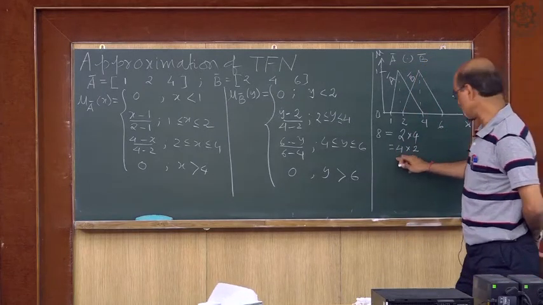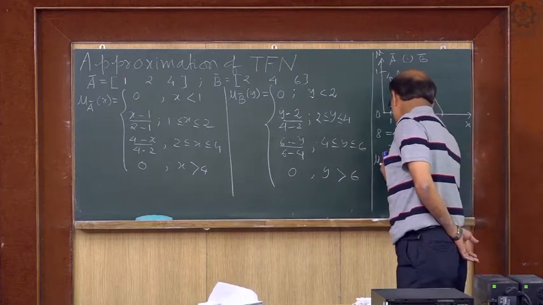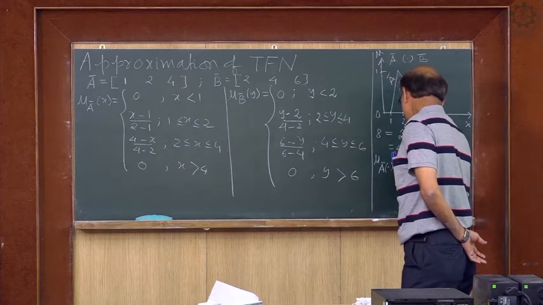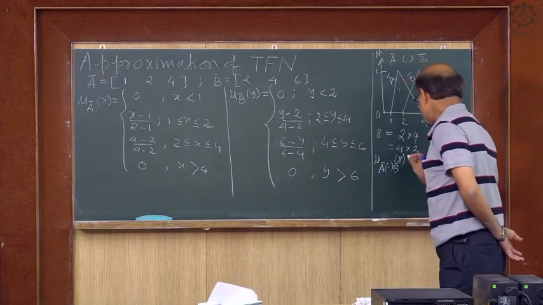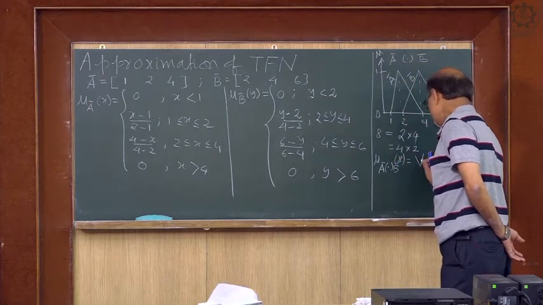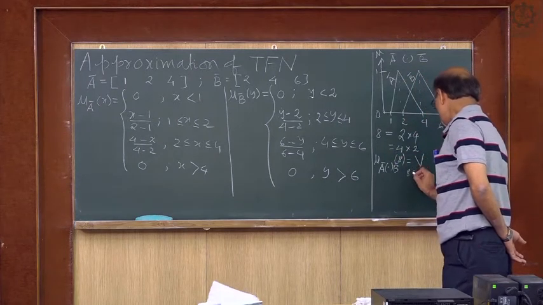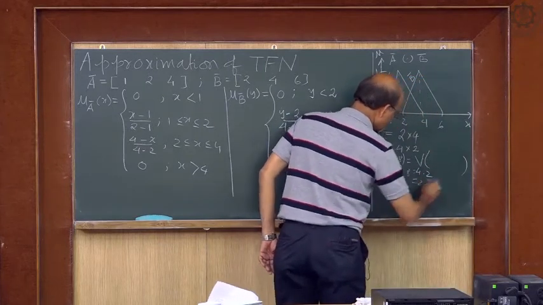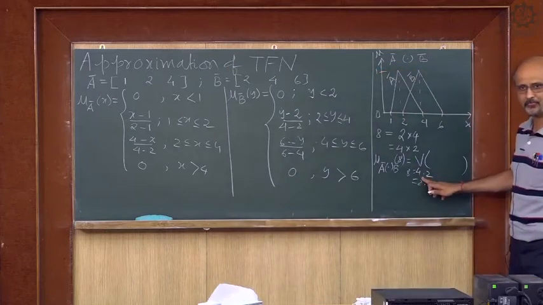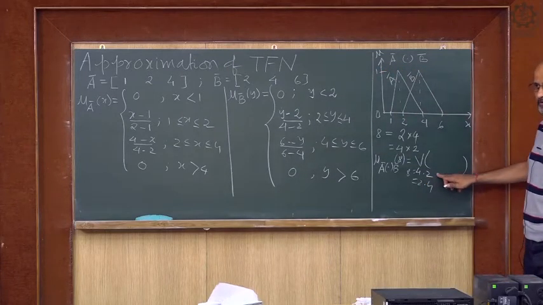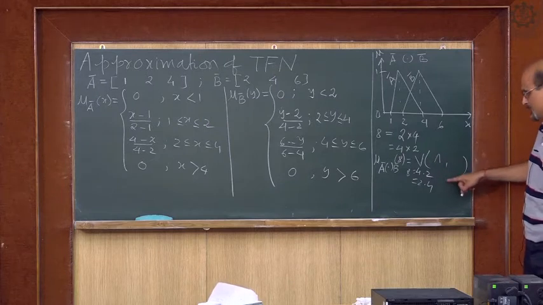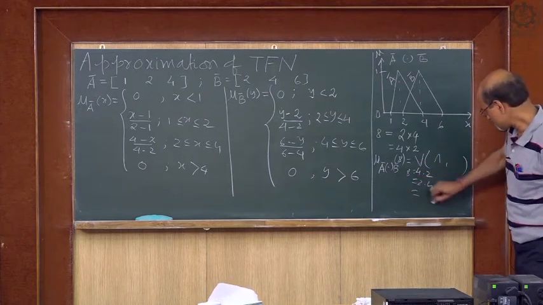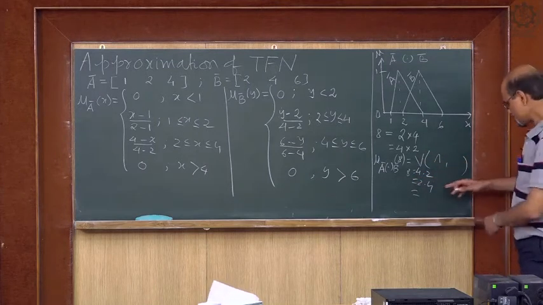So mu A bar into B bar at 8 is, for 8 equal to 4 into 2 or 2 into 4, mu A bar 4 and mu B bar 2, then mu A bar 2 and mu B bar 4, and then take the OR. Infinitely many possibilities are there, so it is actually difficult.